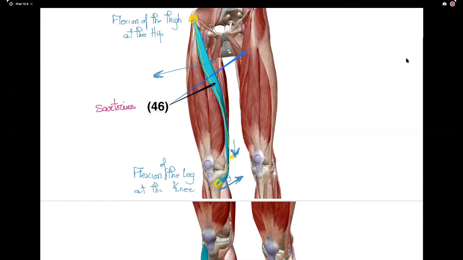I'm performing a rotation of the thigh towards the outside. So another action of the sartorius is going to be to perform lateral rotation of the thigh. Does this make sense?